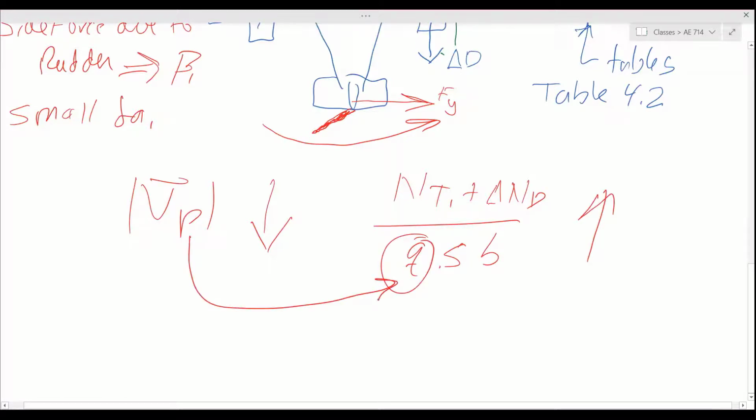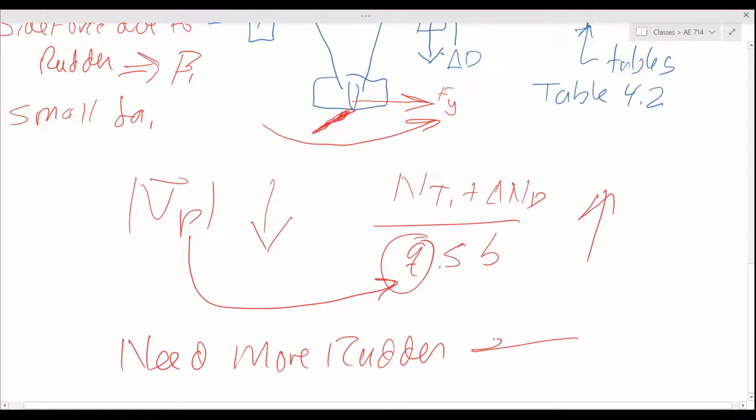So you have less dynamic pressure. And if that term gets bigger, then you need more rudder. Because you have less rudder power because you have less air flowing, less dynamic pressure flowing around the rudder, and so you get less yawing moment. The engine's still cranking away, but the rudder is less effective the slower you go.